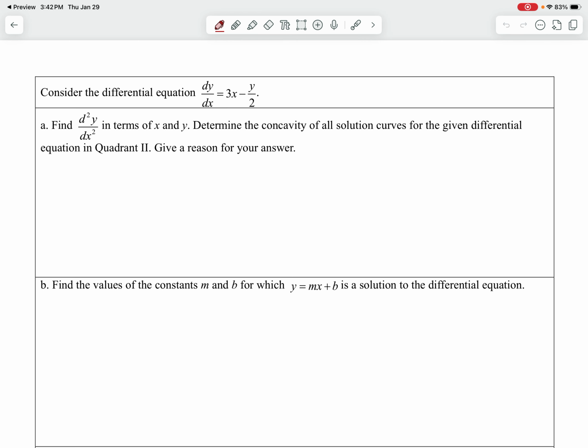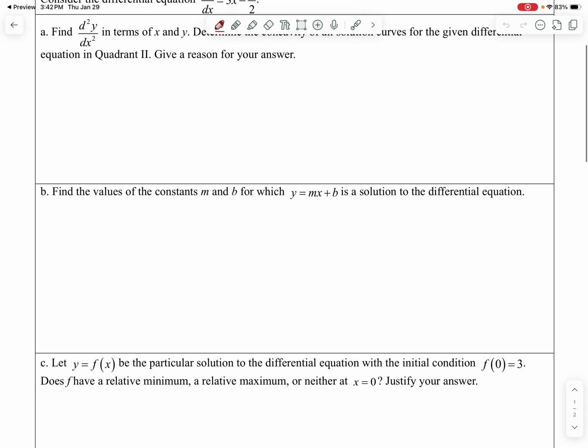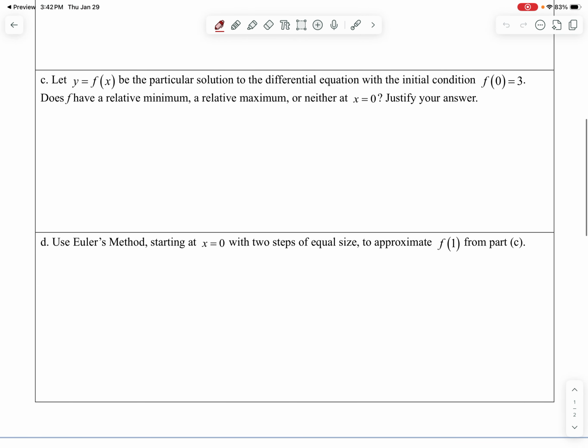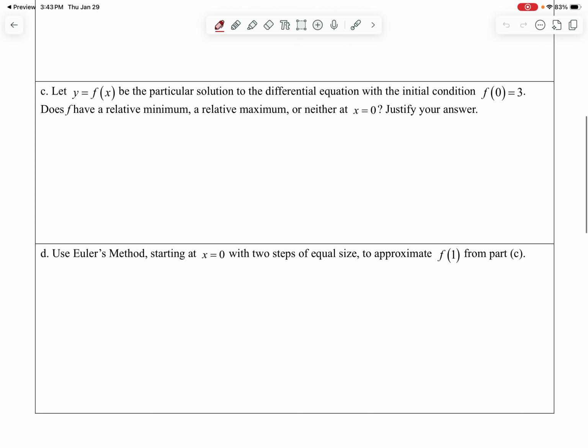But part A, you should know how to take a second derivative. Part C, you should know how to justify whether we have a relative min-max or neither. And then part D was just what we did during our remote learning days.